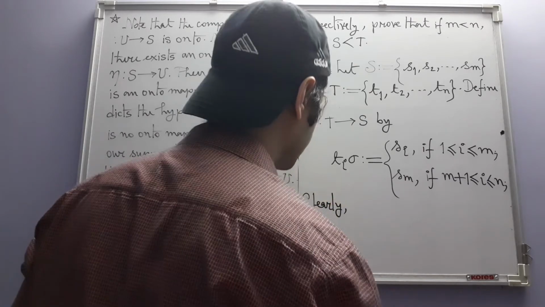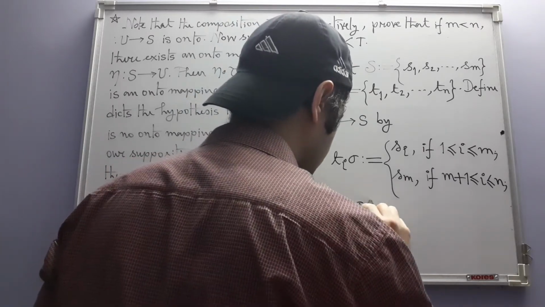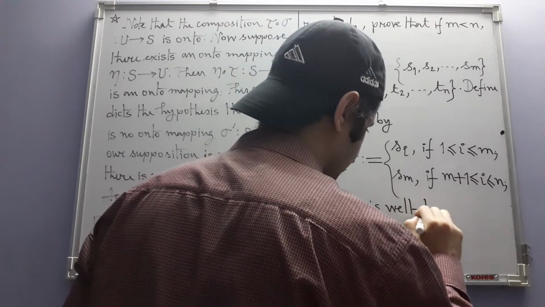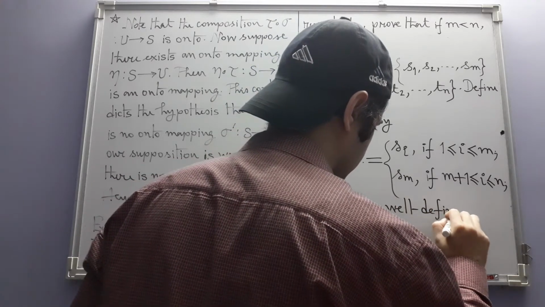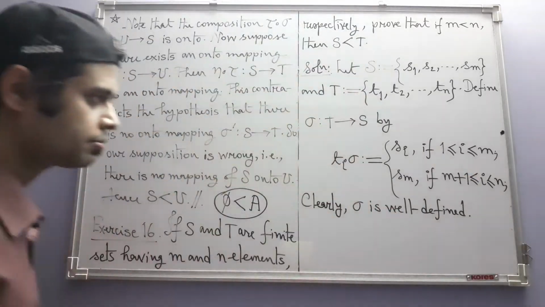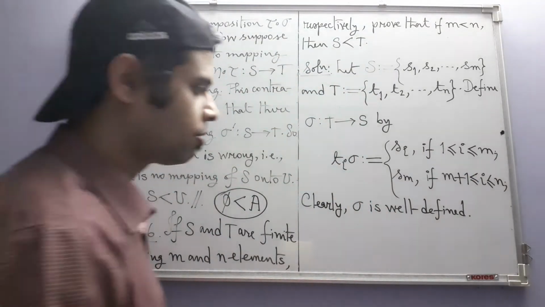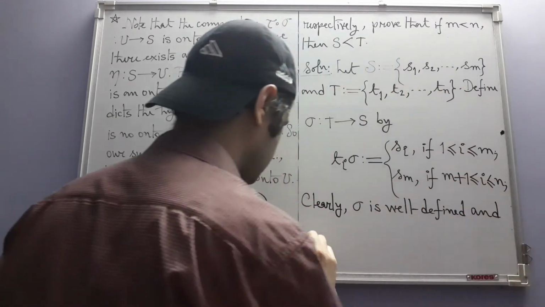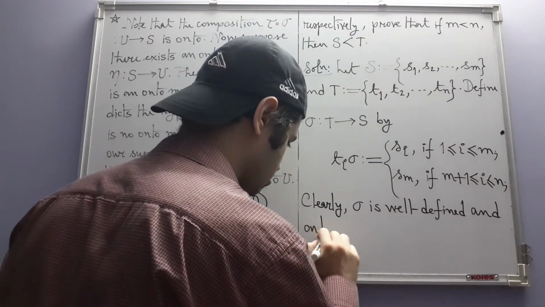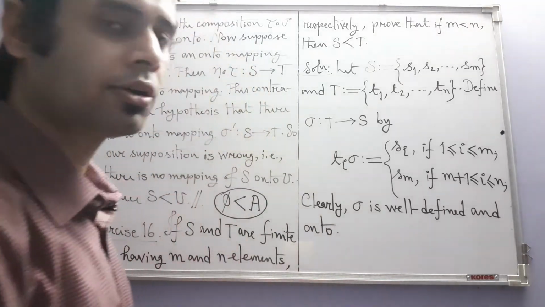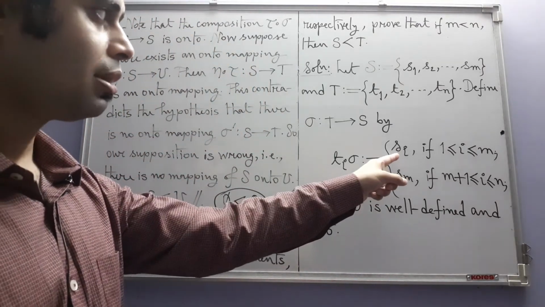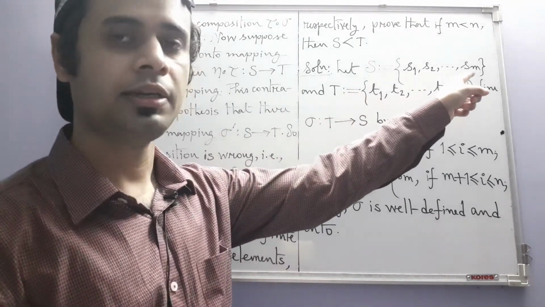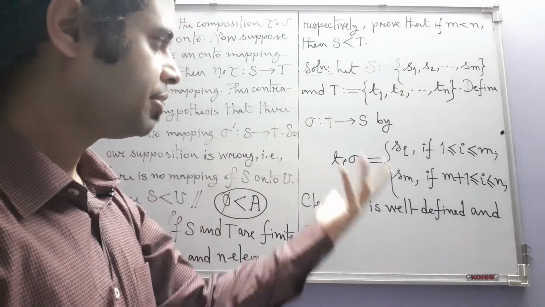So clearly sigma is well defined, and onto. Why is sigma onto? Because you see, all the elements in S are appearing as images.